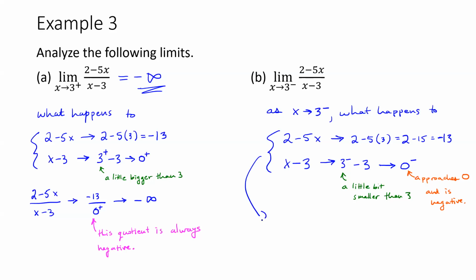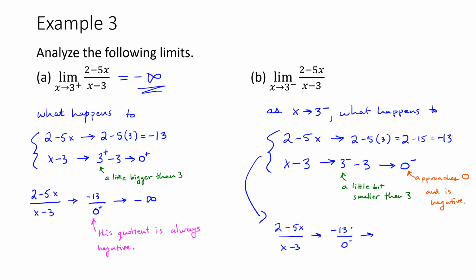So putting those pieces together, we have 2 minus 5x over x minus 3 approaching negative 13 over 0 from the left, which is really approaching, what would you guys say here? Is it approaching positive infinity or negative infinity now? Positive, since there's two negatives. Very good.